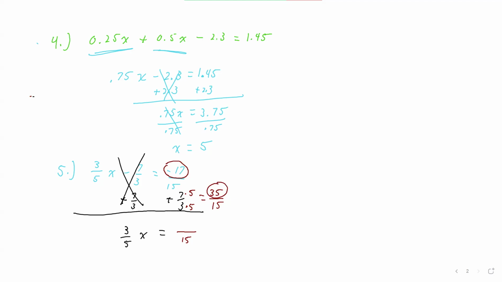Good there. And again, if you use a calculator, you do 17 first, then there's like this little plus minus thing, and it changes it to a negative. And then you can just say plus 35, and it gives you 18. 18 over 15. But again, this would not be the reduced answer. You now have to notice what do 15 and 18 have in common? 3.